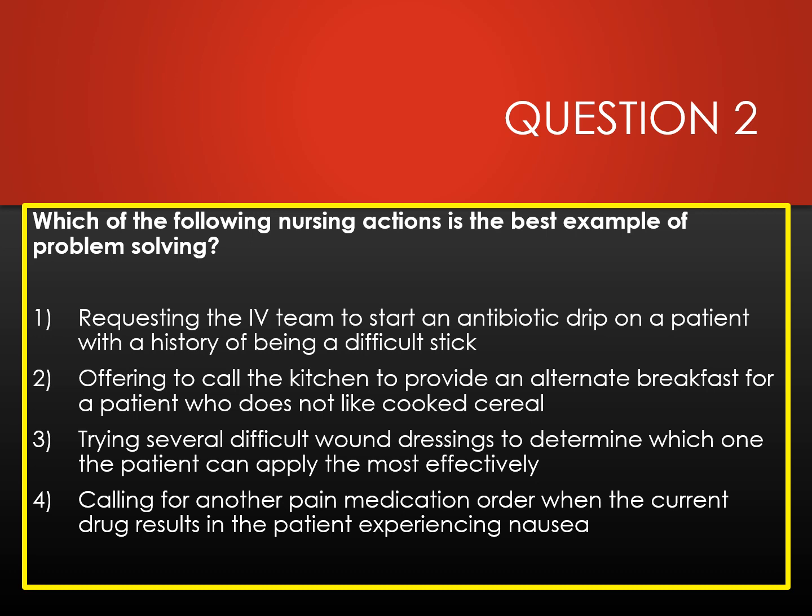Or offering to call the kitchen to provide an alternate breakfast for a patient who does not like cooked cereal. Or trying several difficult wound dressings to determine which one the patient can apply the most effectively. And then the last one says calling for another pain medication order when the current drug results in the patient experiencing nausea.